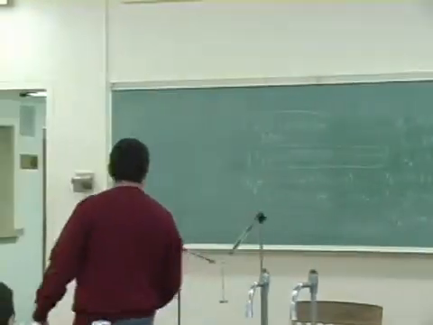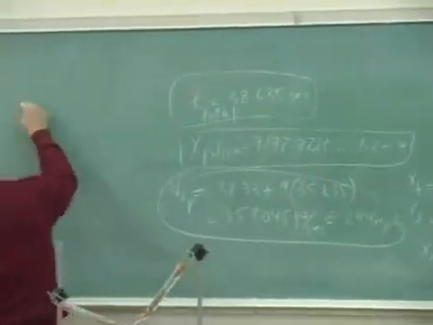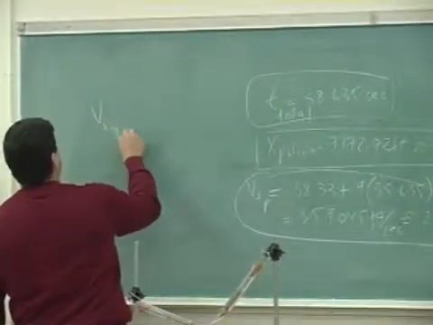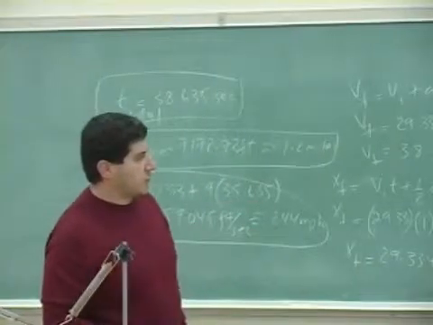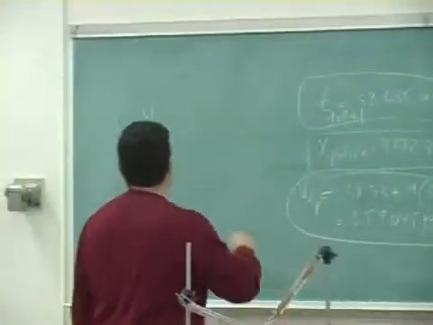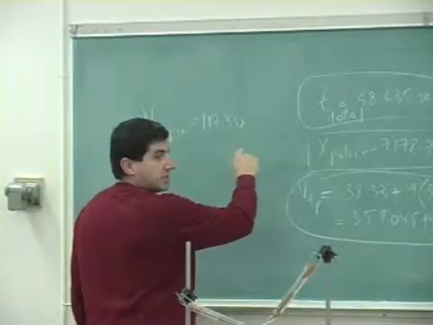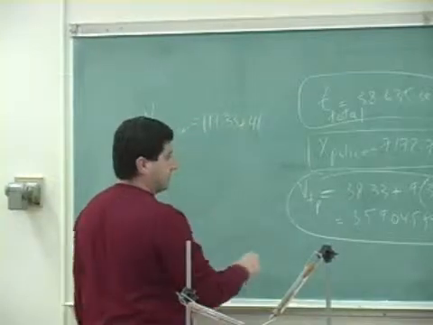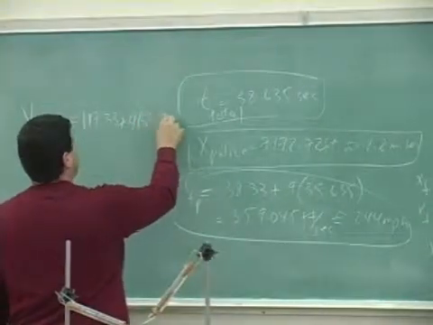So if you find the speed of the speeding car, that's going to be its original speed 117.33 plus a is 4 times the t, 35.635.